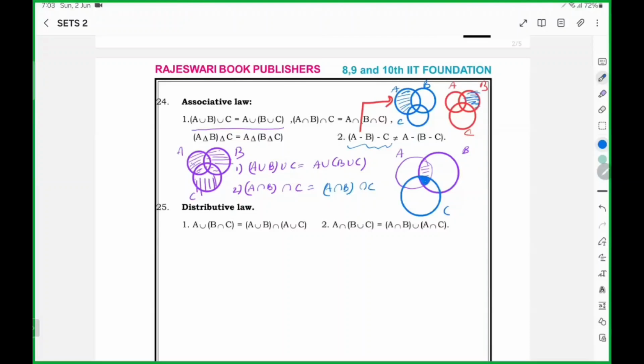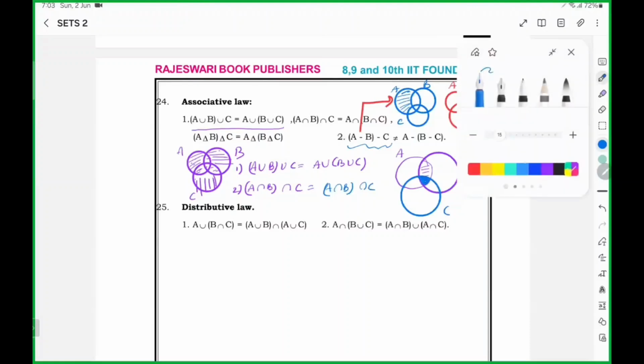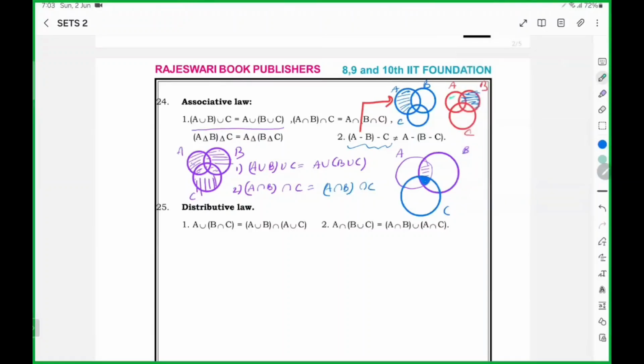B minus C means this, only B other than C. A minus B minus C means other than B minus C. So here it is this other than this.